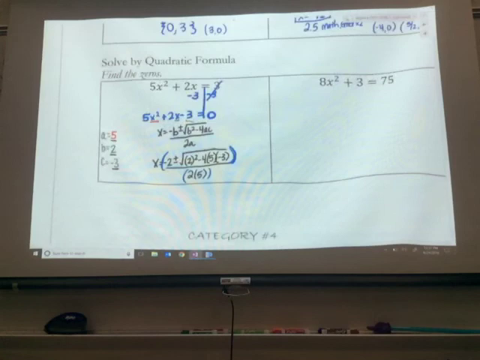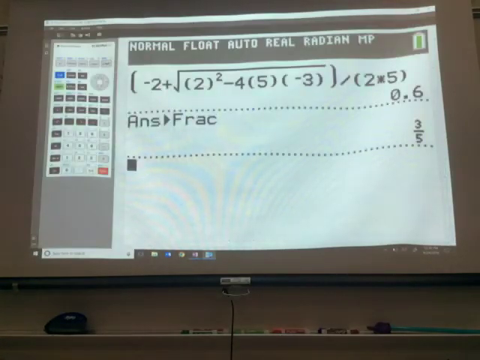So when I go back to my notes, I'm going to say my first x is 3/5. Okay, then I'm going to go into my calculator again. I'm going to press second enter. I'm going to notice it doesn't pull up my quadratic formula, so I'm going to press second enter again.